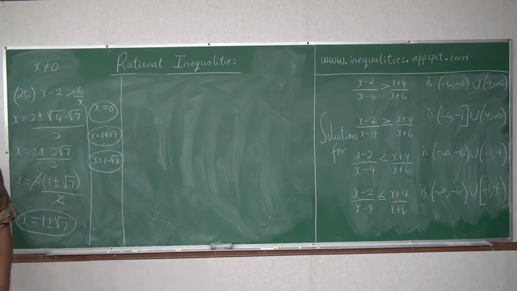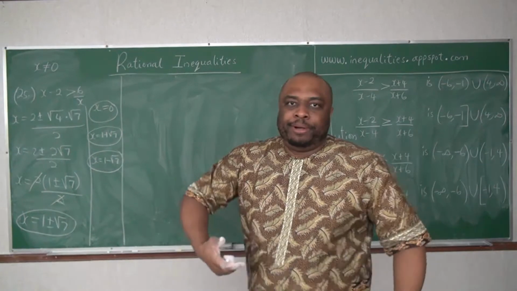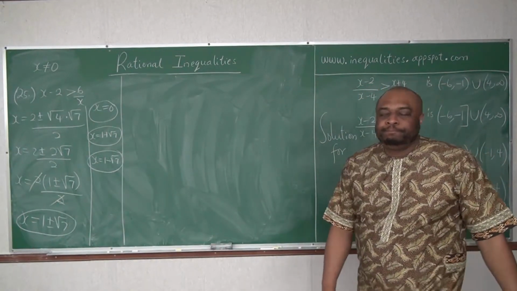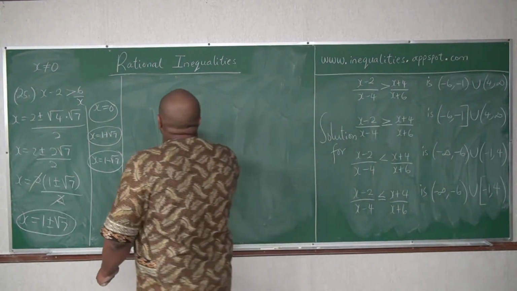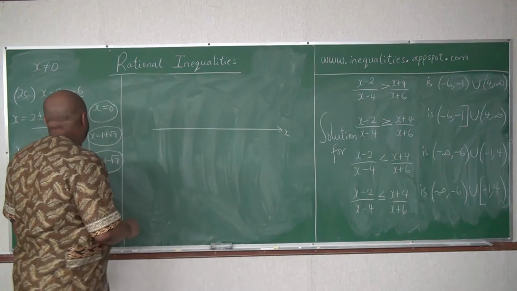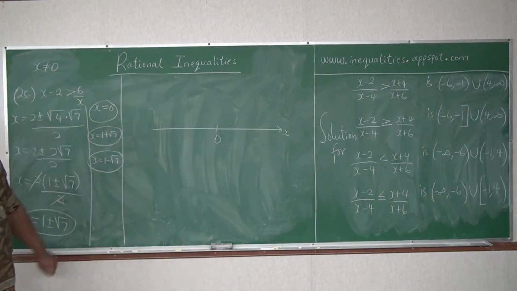These are our 3 test points for this. Now we will find our test intervals. Put this on the number line. So 0 is in the center, and of course 0 should not be in the domain.